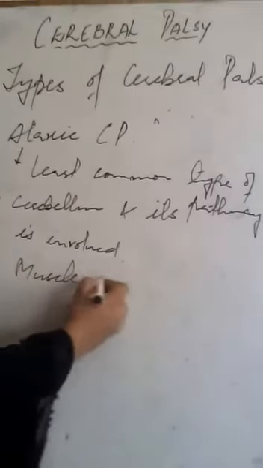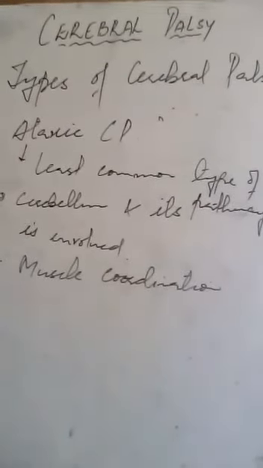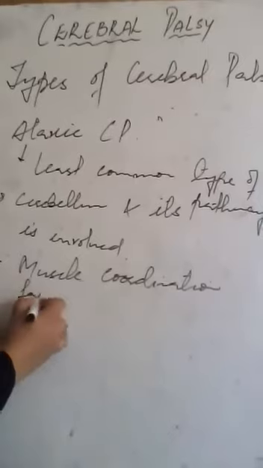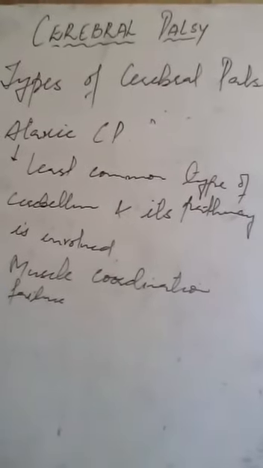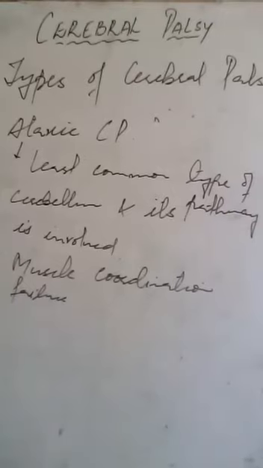So there is failure of muscle coordination, resulting in irregular movements. This is characterized by voluntary muscle movements that often appear disorganized, clumsy, or jerky.